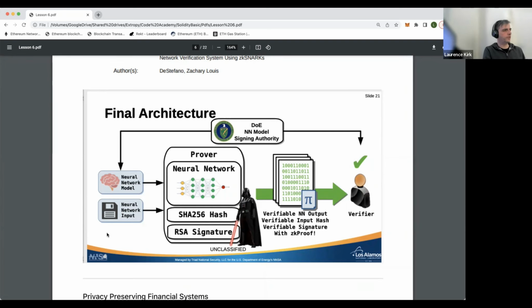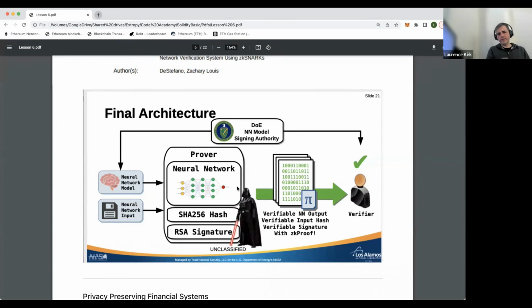And apparently what they do is they have a lot of information coming in that is to do with monitoring the weapons that they have, so sort of from cameras and whatever sensors, I don't know. And they put this through some sort of neural network. So they're doing machine learning and AI on this. And then they get some output.